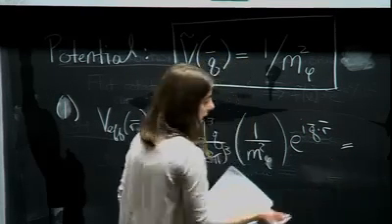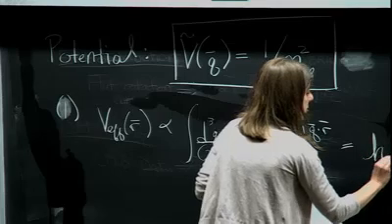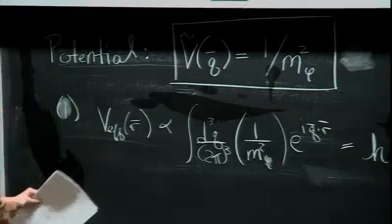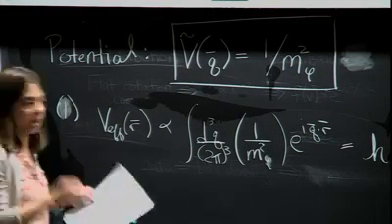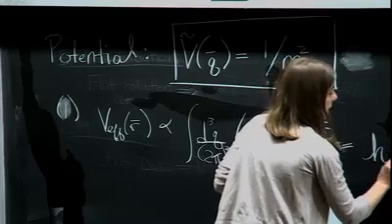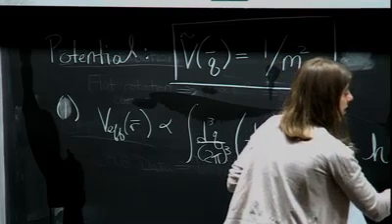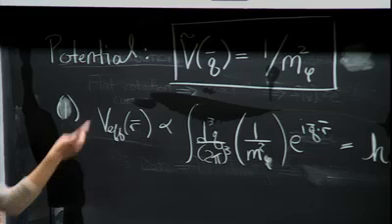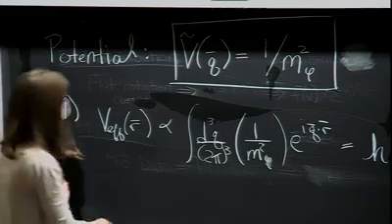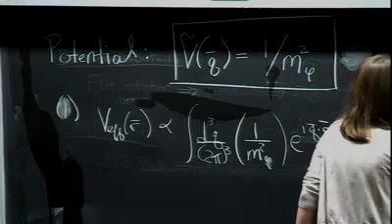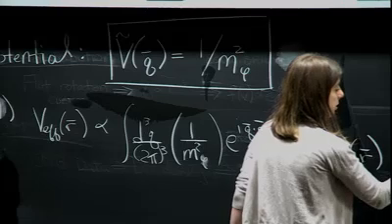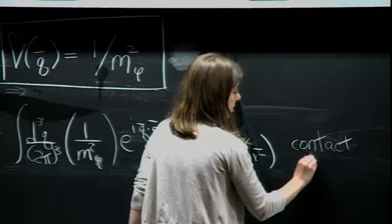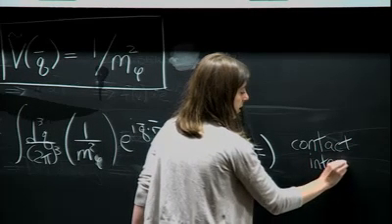And what I get out is some constant that I will label with a lowercase h for heavy mediator case, and a delta function in position. So this is just a statement that when I have the heavy mediator case, the interaction is just a contact interaction between the dark matter and the quarks.